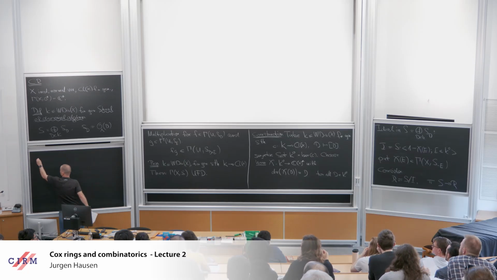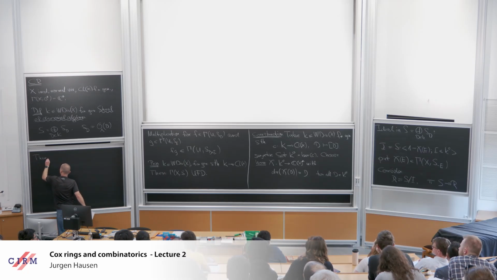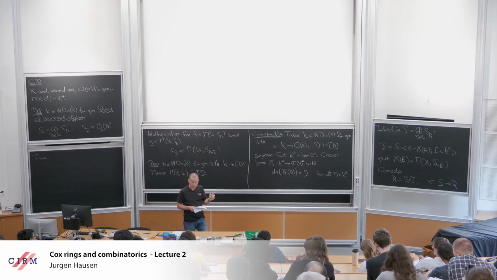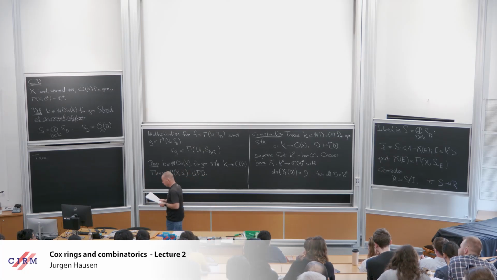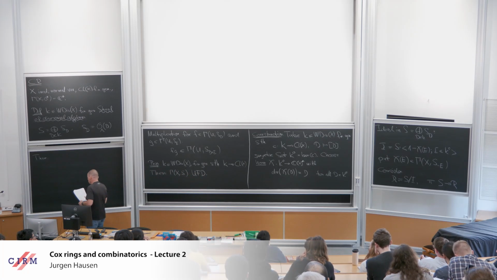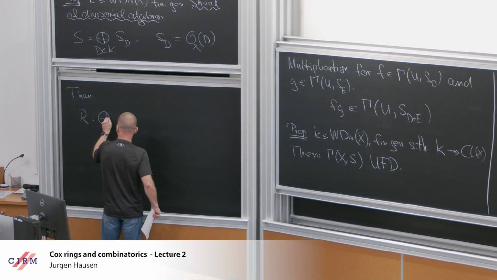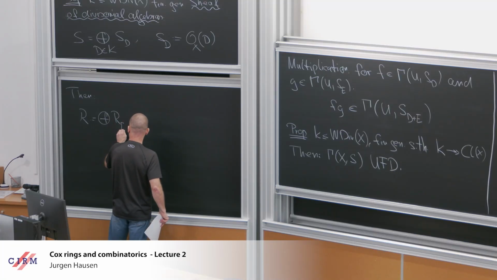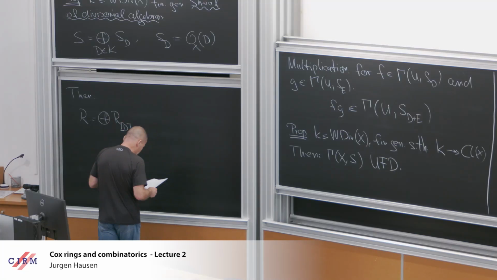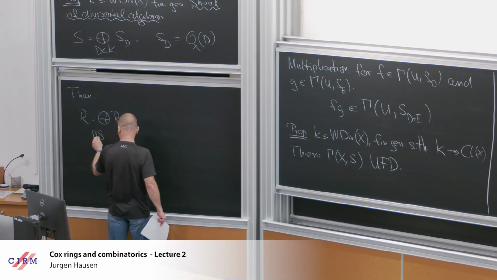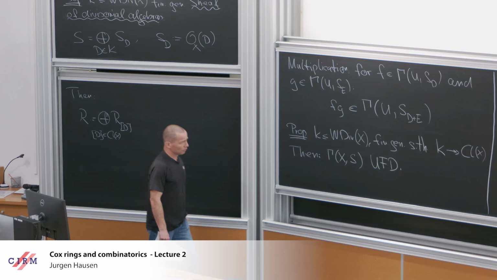Okay, so then, what can we do? So far we have a sheaf, but we want to have a graded sheaf. And we get a graded sheaf. This sheaf will be graded by the divisor class group. What is the divisor class group?